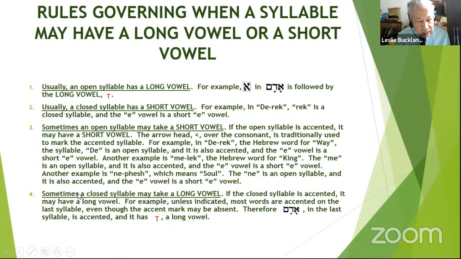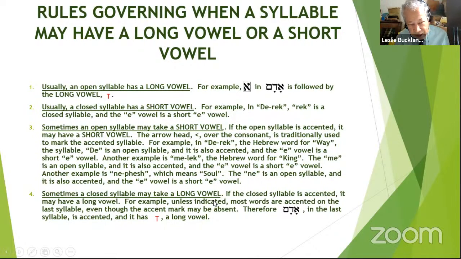But what is it that we must see in that syllable for it to have a long vowel and not break rule number 2? Here it is. If the closed syllable is accented, it may have a long vowel.